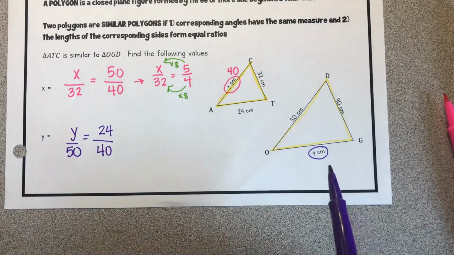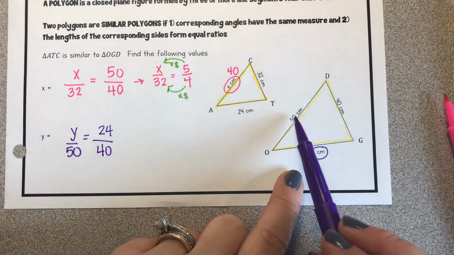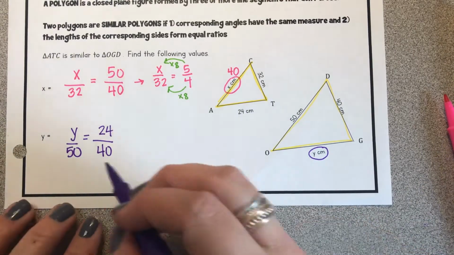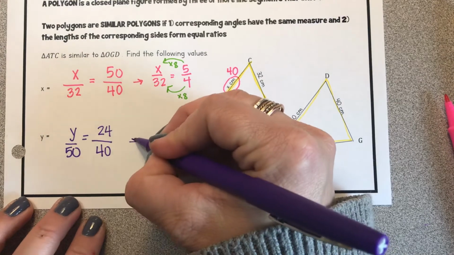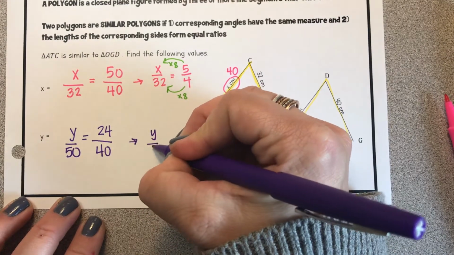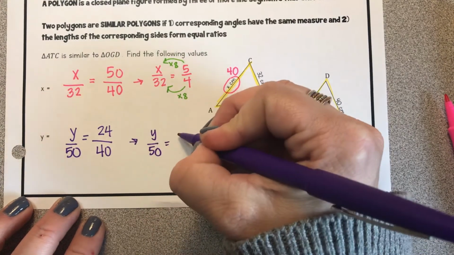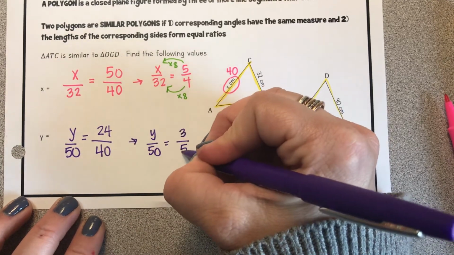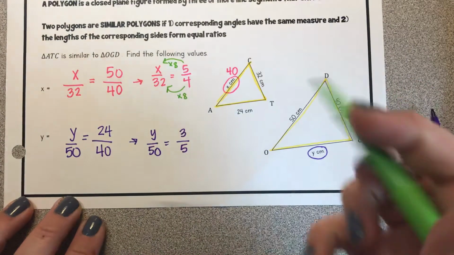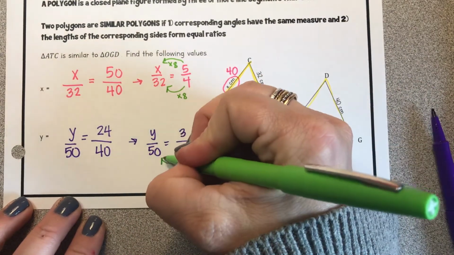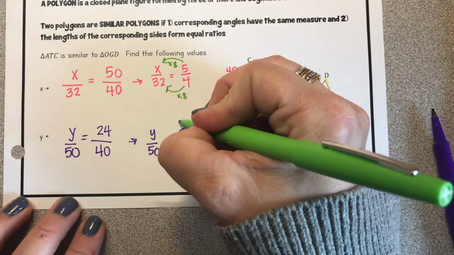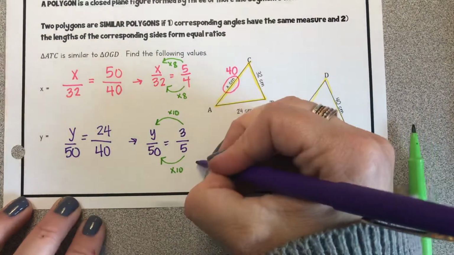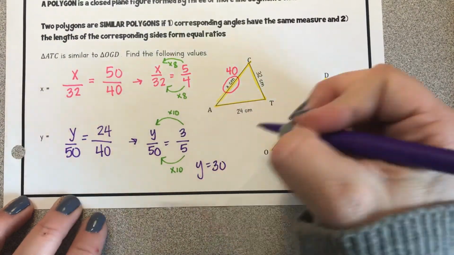So I said the bottom over the left side equals the bottom over the left side. Now I'm going to simplify 24 over 40. So y over 50 is going to equal, I can divide both by 8, 3 over 5. Now 5 times 10 is 50, and 3 times 10 would make y equal 30.